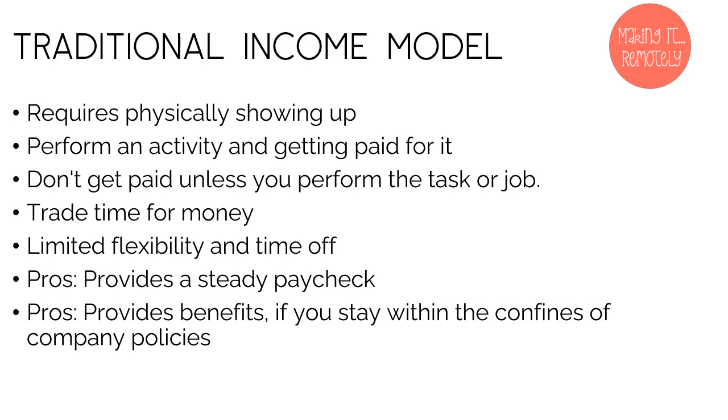So as long as the task gets done by the deadline that you've agreed to with the person that you're working for, you can do the job at 3 o'clock in the morning or 8 o'clock in the morning or 12 o'clock in the afternoon. It really just depends on the terms that you have set up with your client as to how much flexibility you have. So let's move on from the traditional income model.